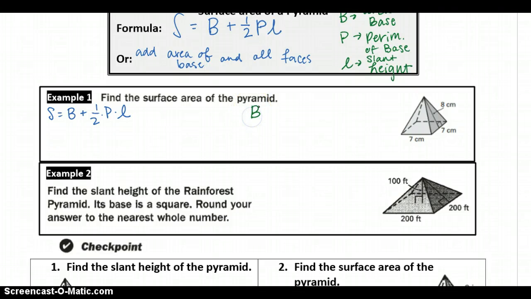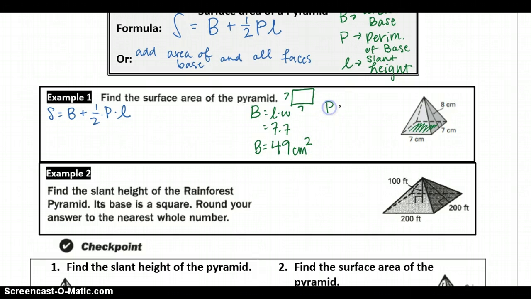So first I want to look at what's the shape of my base. Well, the base here is a square. It's 7 by 7. So I'm going to draw this just off to the side. Okay, so to find the area of a square, I'm just doing length times width, or in this case 7 times 7. So the area of my base is 49 centimeters squared.